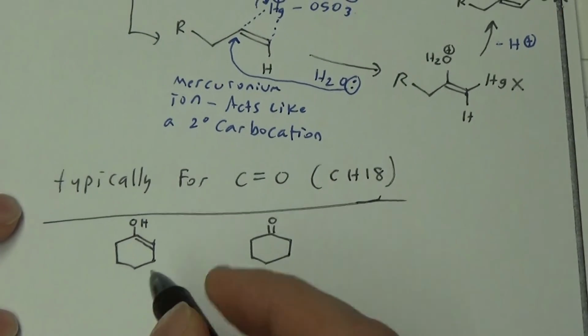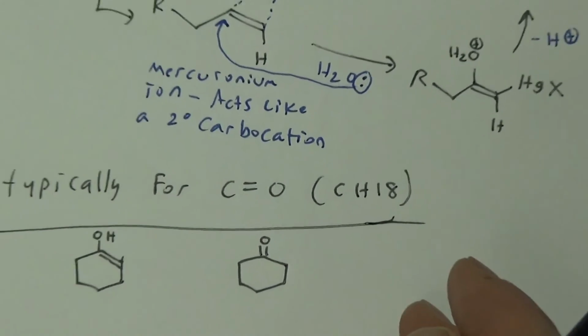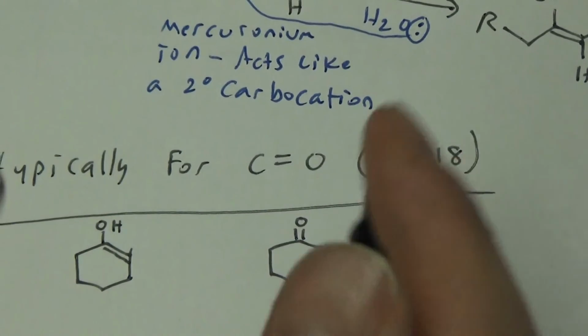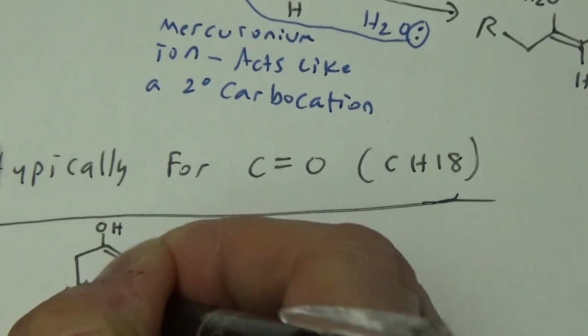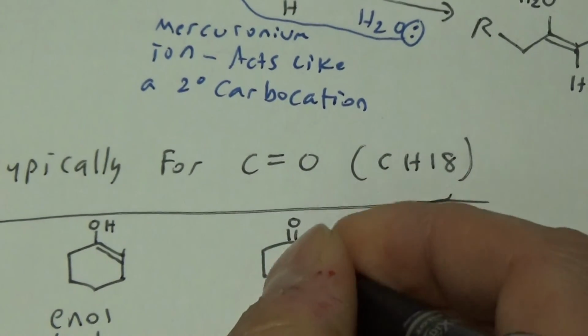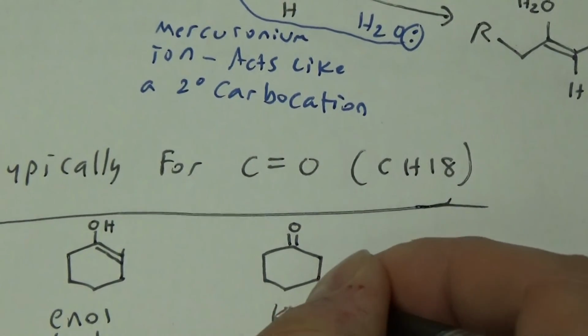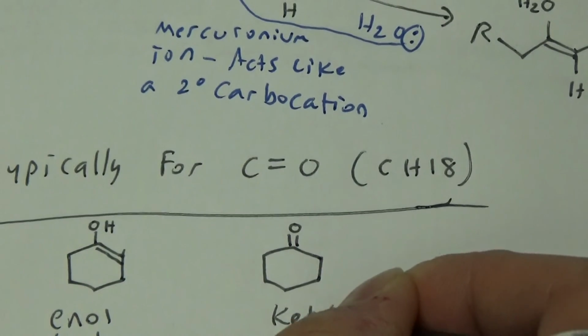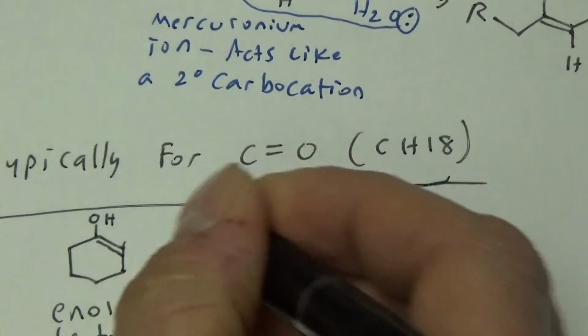Right? And what do we call them? Enol, right? Enol tautomer. And a keto tautomer. And they are in equilibrium.